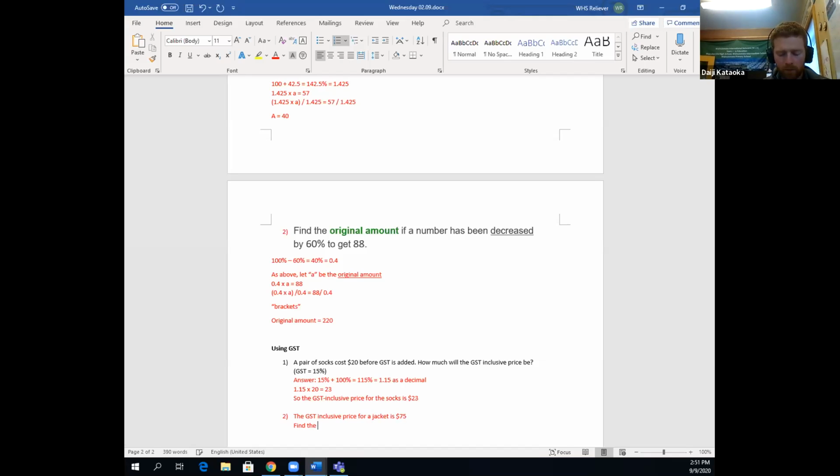Find the GST exclusive price. Okay, what do you do there?